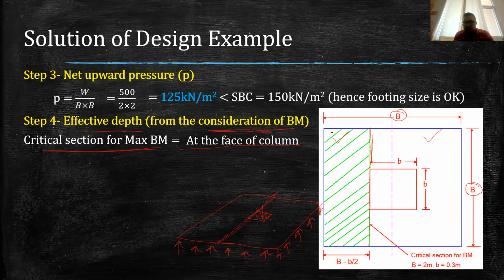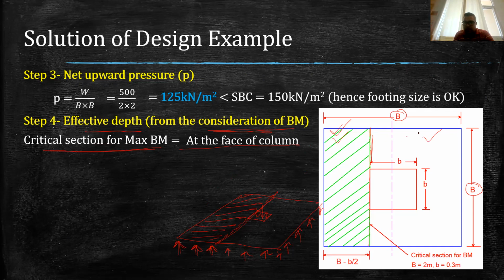So here, if we consider LHS, then the algebraic sum of moment of all the forces on the LHS will be the bending moment at this critical section. Now on the LHS, this is our shaded part which we are considering here. So in the LHS, we see that only upward force in the form of soil pressure is there.